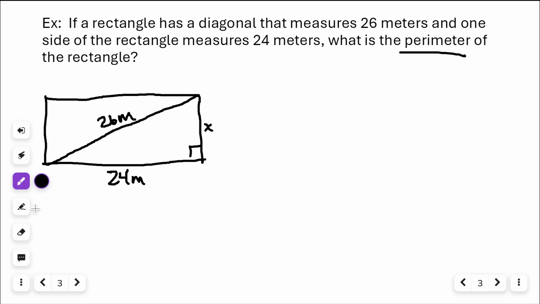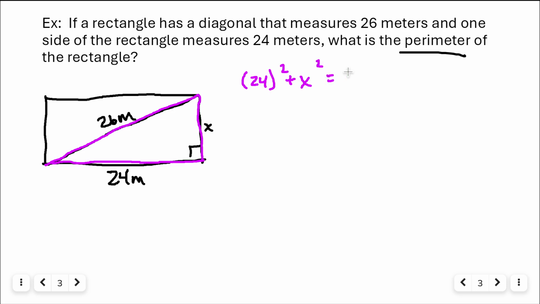But now, if I look inside of my rectangle, there is now a right triangle. And that right triangle, we can use the Pythagorean theorem on. So we know 24 squared plus x squared is equal to 26 squared.